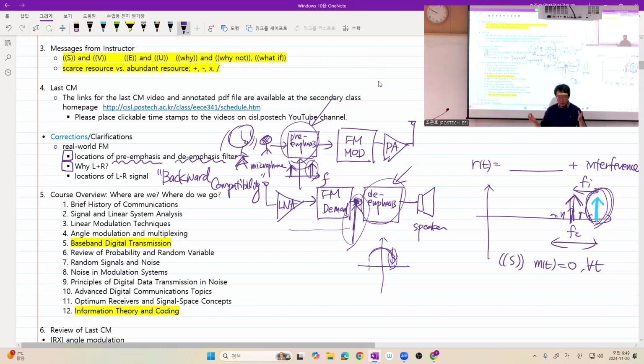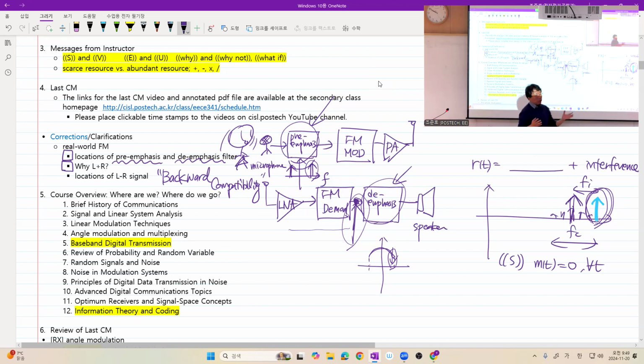And when we settle the new standard for cellular communication, it's very important that the new standard or new chip supports the previous one, something like that.